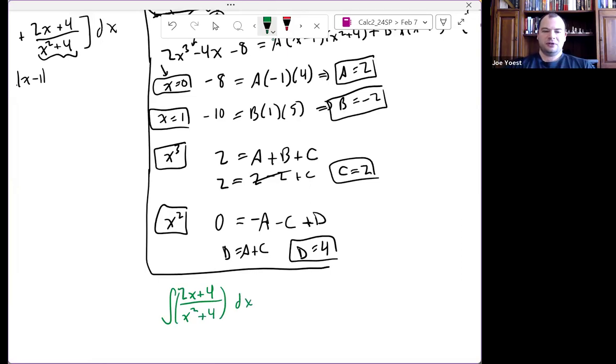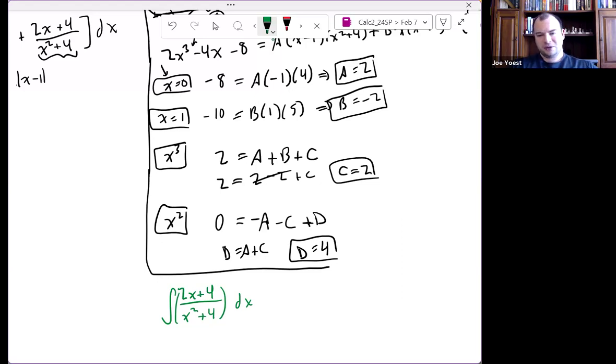Okay, so I have a linear over quadratic. This feels like a log. Does this end up just being log of x squared plus 4? If I differentiate that, I get 1 over x squared plus 4 times 2x.